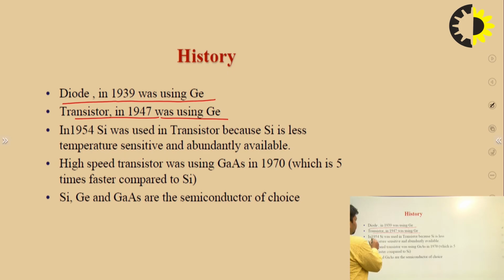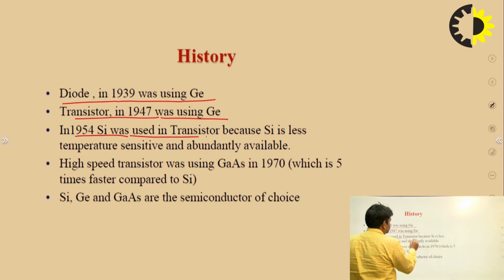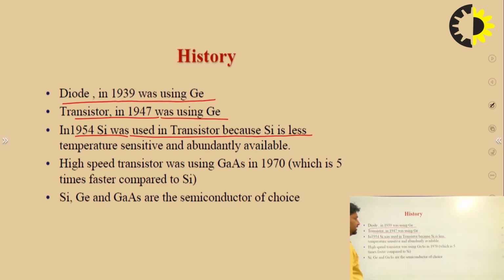In 1954, silicon was used in transistors, because silicon is less temperature sensitive and abundantly available. So silicon diodes are utilized where a temperature sensitive material is required.